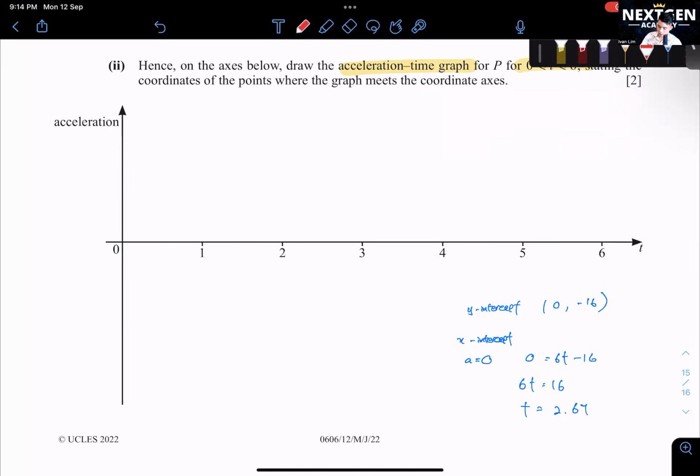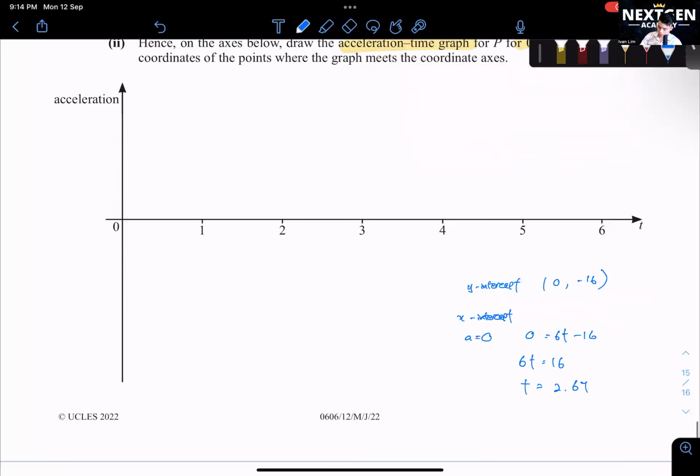If you want to find where it ends, you can find also. That means when you put in t equals 6, 6 times 6 minus 16, this one will be 20. But we are just roughly estimating everything, because we are just trying to sketch it out. So here, negative 16. Then you go until 2.67.